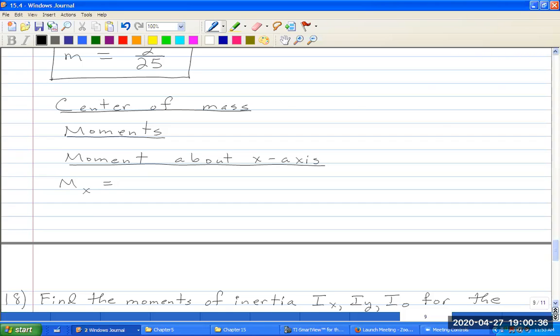So this is just the integral of y times rho. I'll use that notation. Okay, so let's do that first. D still looks the same, so I'm not going to change anything about that.